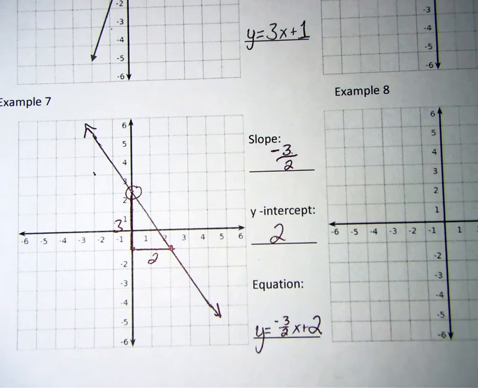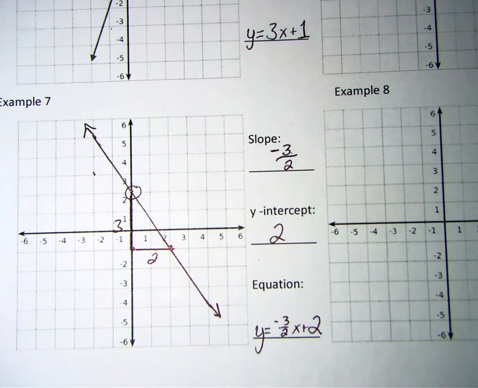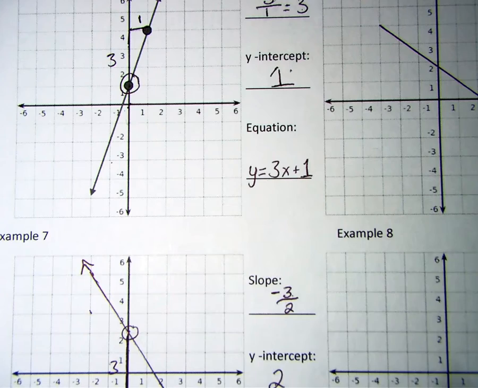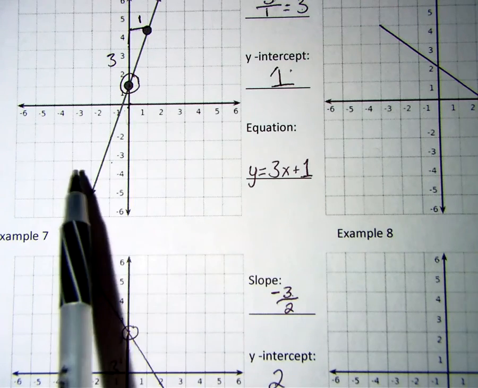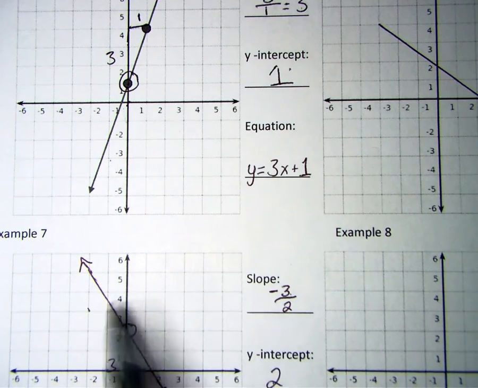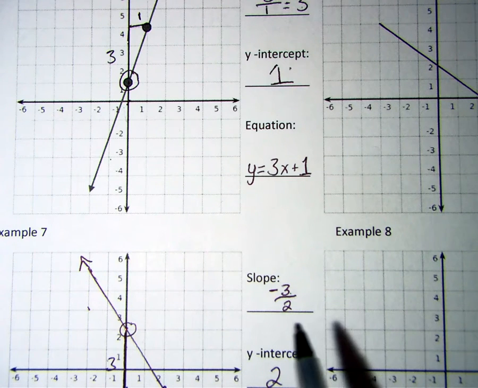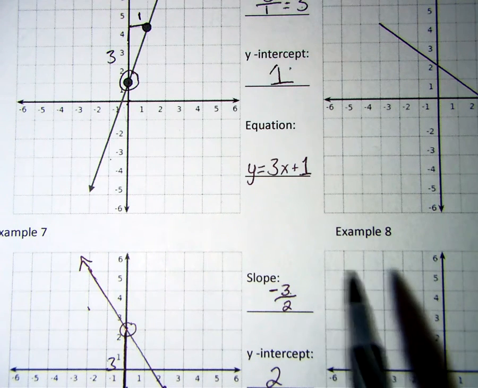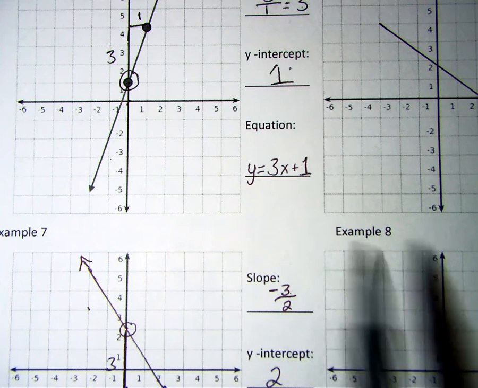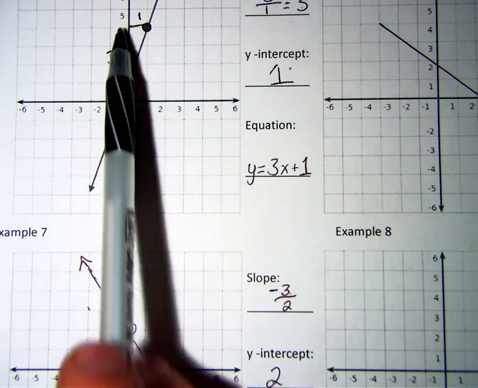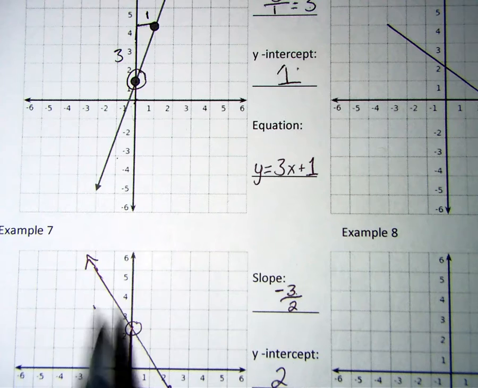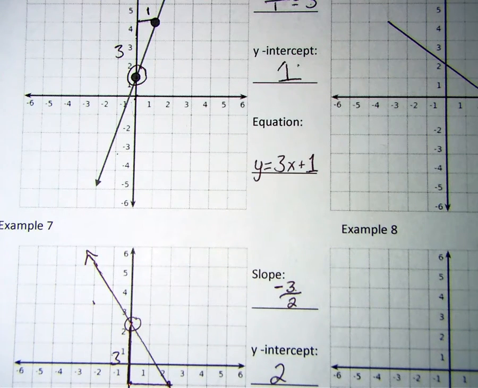Now, one nice thing about this is we can look real quickly at the graphs and we can realize my top graph had positive slope, reading from left to right, it went up. My bottom graph had negative slope, reading from left to right, it went down. The other nice thing that's beneficial for us to look at is since we're reading left to right, we'll notice the only thing that changes a positive or a negative value is whether or not we're moving up to get to my next ordered pair or down to get to my next ordered pair.